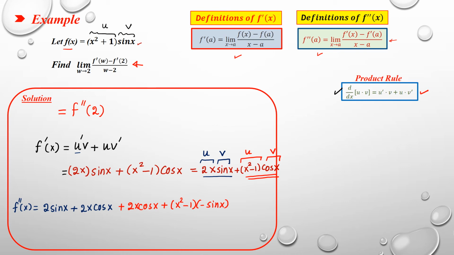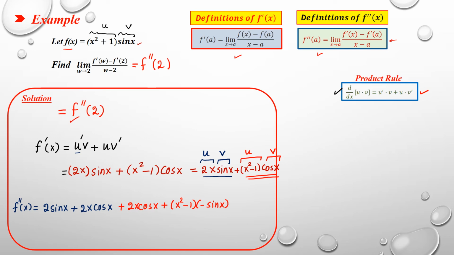We want to find f double prime of 2 to find the limit. Since you will substitute the angle inside sine, it will be in degrees, not in radians.